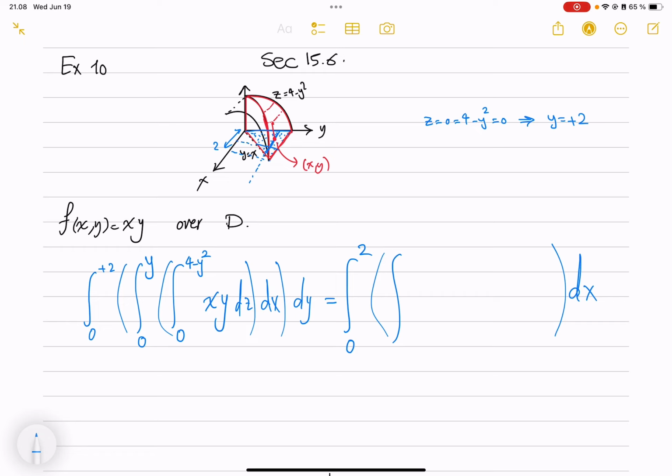So when you freeze your x, y goes from x until 2. That is your dy, and the dz part will be the same for the reason that you just fix a point in the xy plane. So xy dz dy dx. So these two will give you the answer. Of course, if you only want to find the integral, you do one of them.